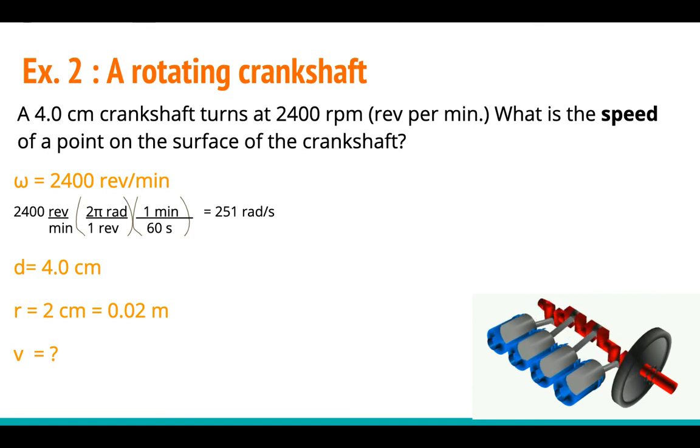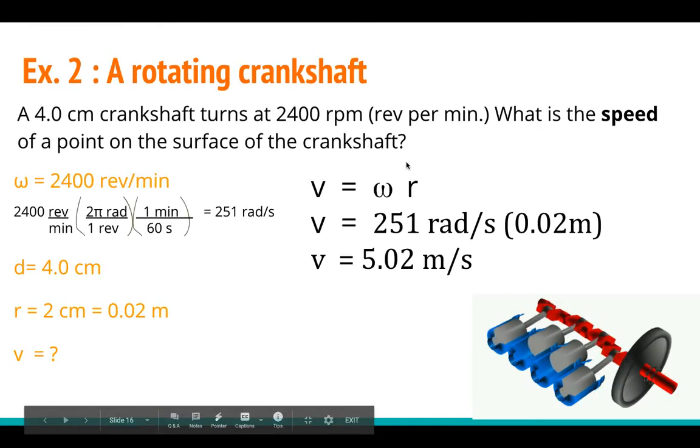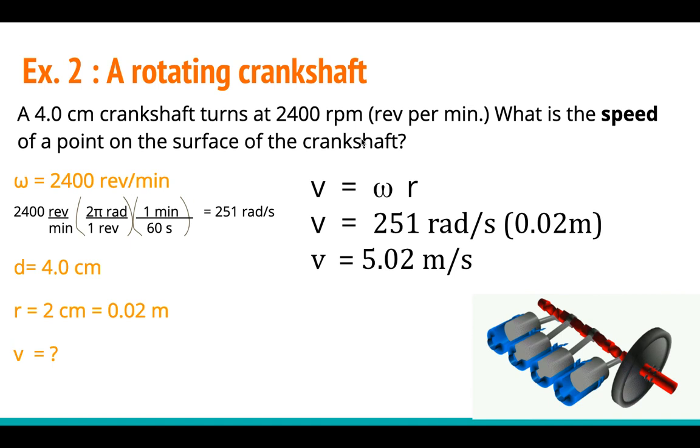Okay, so we have the rate of rotation and the radius. We're looking for the tangential velocity. We know that the tangential velocity is equal to the angular velocity times our radius.